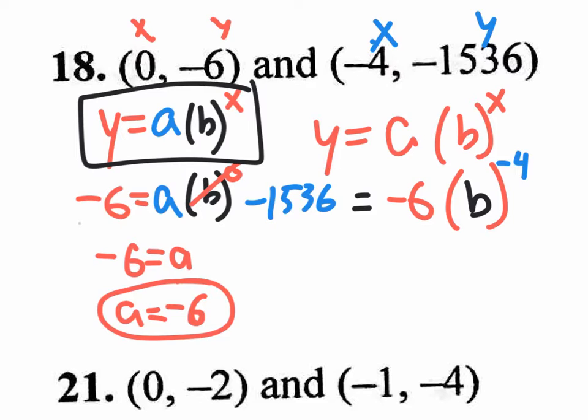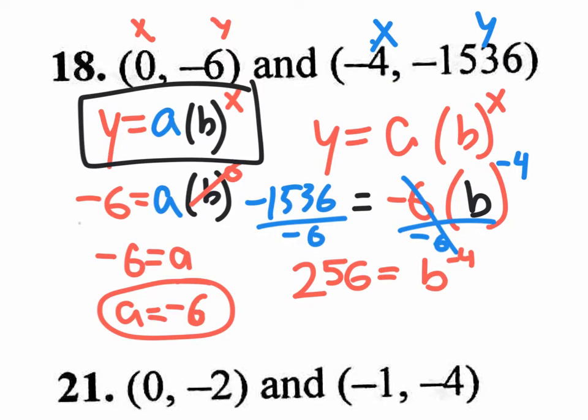What do we do from there? You want to start solving for b. So let's get rid of the -6 that's in front, the multiplication of -6, by dividing both sides by -6. Now, if you take a calculator and divide 1,536 divided by -6, we're going to get a positive what?